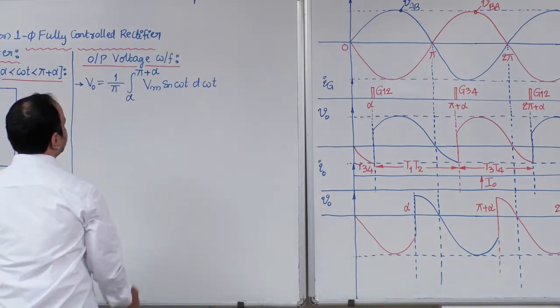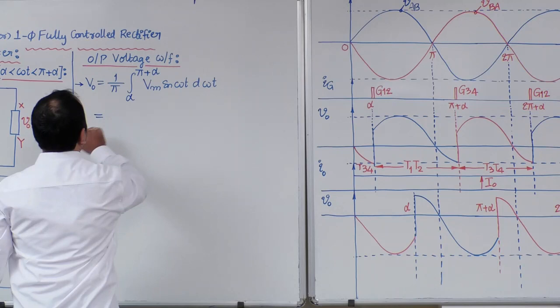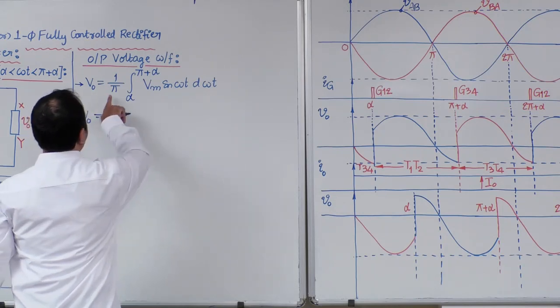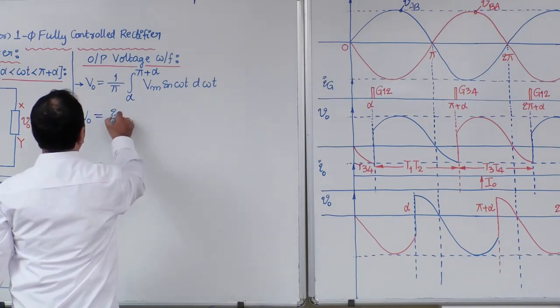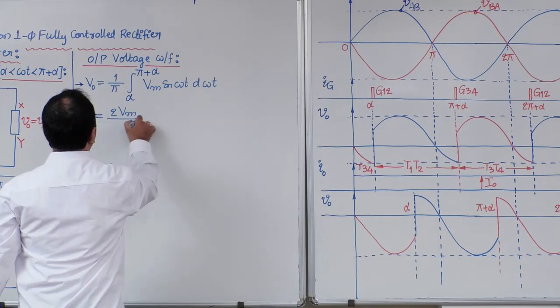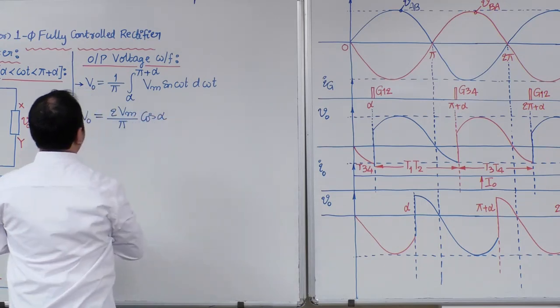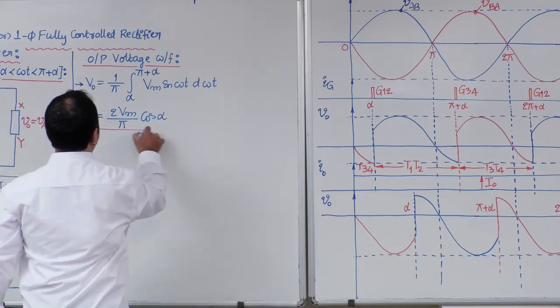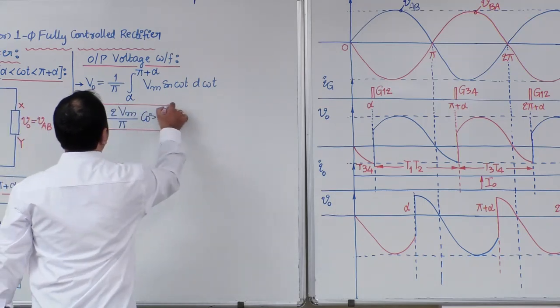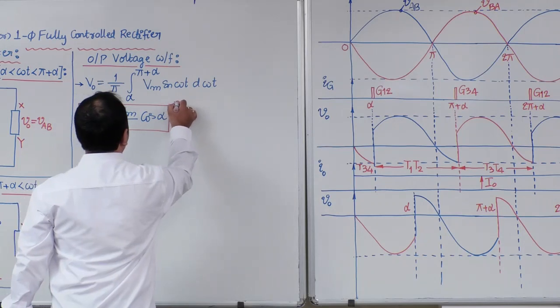That is the integration. In the previous midpoint converter also we had the same integration. In that case, we had a conclusion of 2 Vm by pi cos alpha.